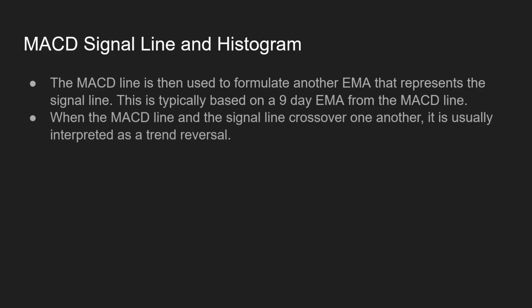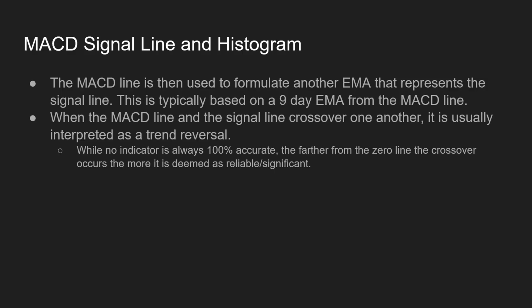Now, when the MACD line and the signal line cross over one another, it's usually interpreted as a trend reversal, where while no indicator is 100% accurate, it's one thing to consider. The farther from the zero line that the crossover occurs, the more it's deemed as reliable or significant.